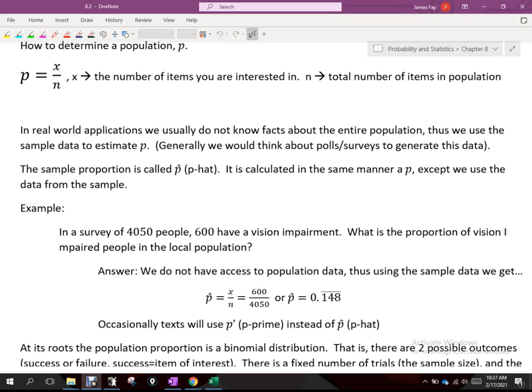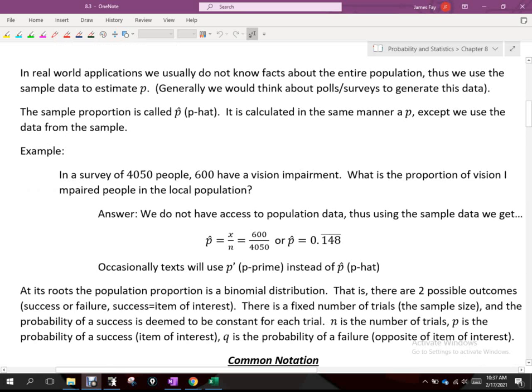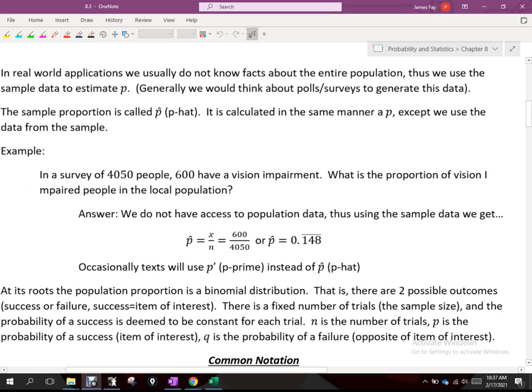So in a survey of 4,050 people, 600 of them have a vision impairment. What is the proportion of vision impaired people in the local population? We don't know the local population. It's greater than 4,500, that's our sample, so the population is obviously bigger, right?